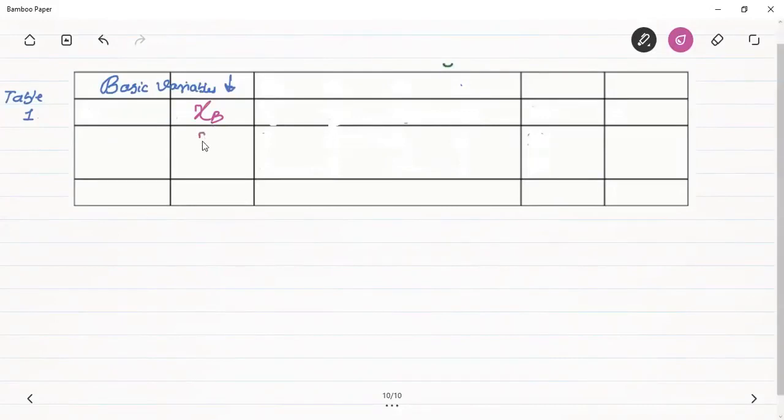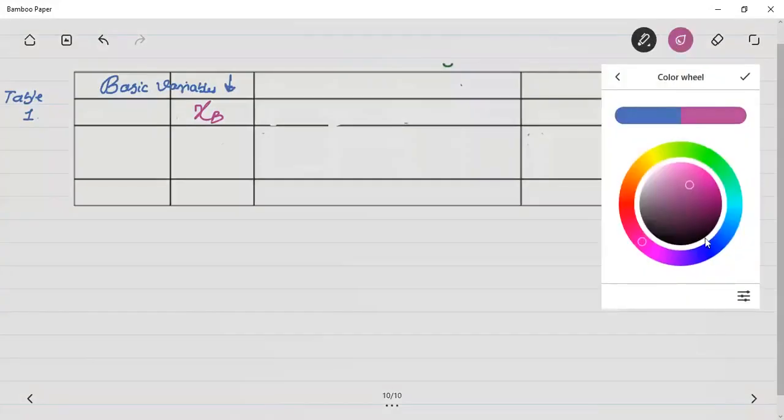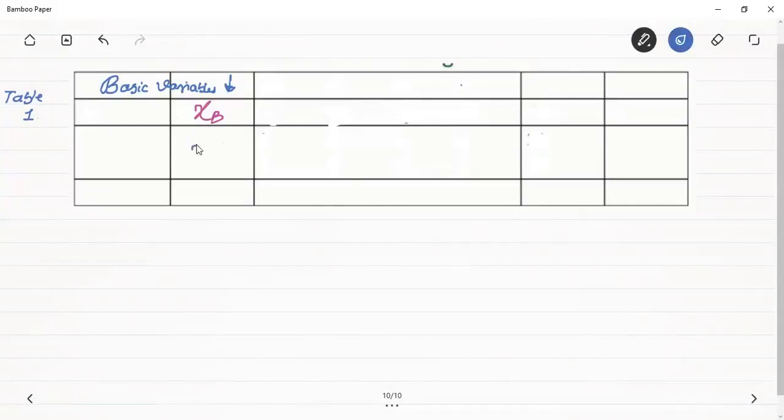Therefore the first basic variable will be x3, and the second basic variable will be x4. We had discussed it yesterday.